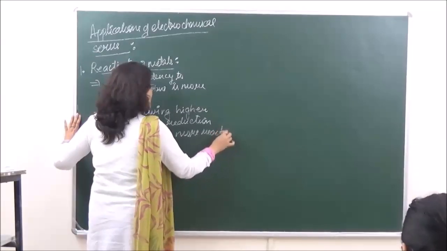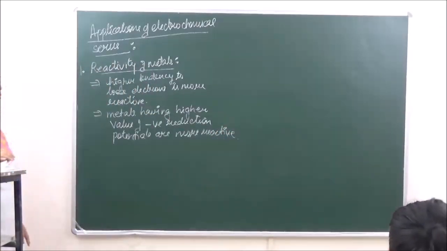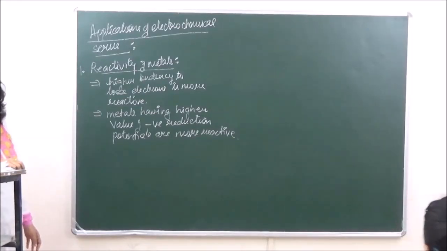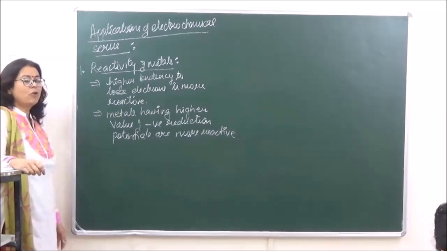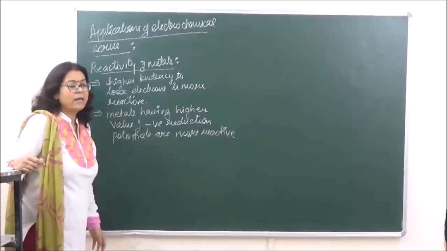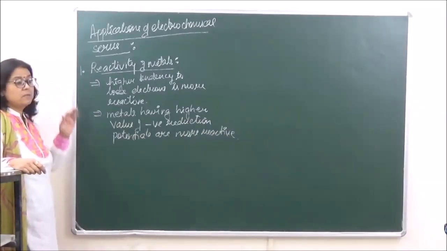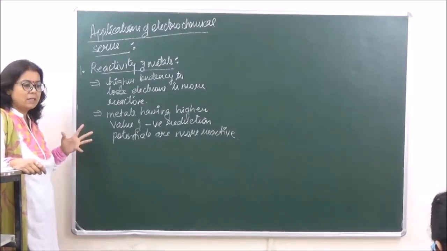So if you're looking at the electrochemical series, just flip over to the page of the electrochemical series. The most negative value is that for lithium, right? Now although lithium has a higher ionization energy, we know that the tendency to lose electrons depends upon what? It is going to depend upon the ionization energy.